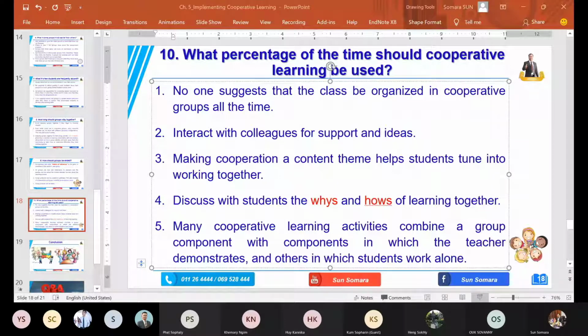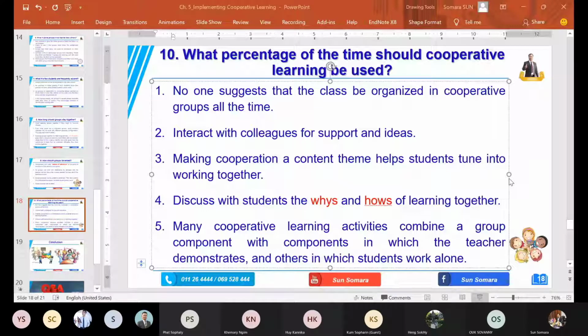Okay, so let me move to the other one. In short, in a collaborative classroom, the effective group size should be from two to four. The purpose of cooperative learning is that students have a chance to collaborate, communicate, clarify, and produce or create something new.